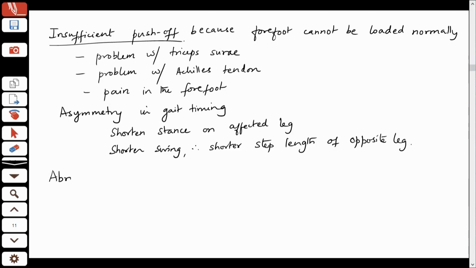Then you could have an abnormal walking base.